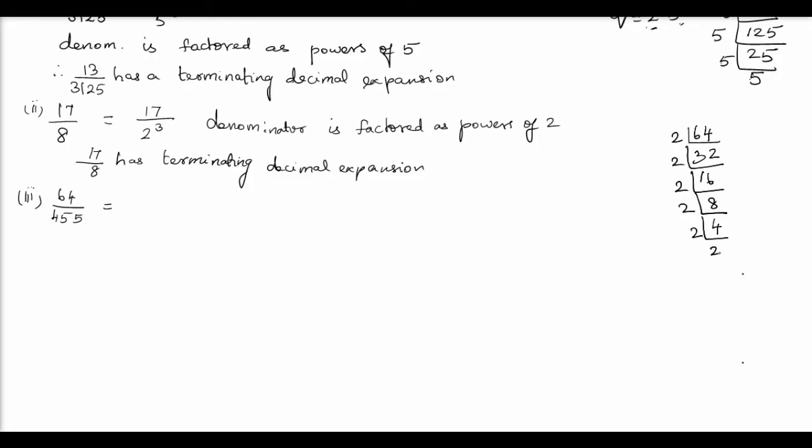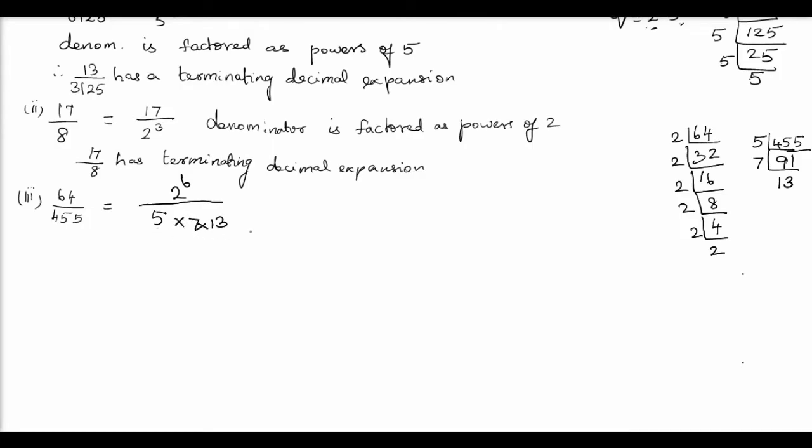Factorize it 2. So I have got 2 power 6 divided by 455. Let me factorize 455. So that I get 5. When you divide by 5, it is 91. And this is divisible by 7. So 13. 13 is a prime number. So let me stop here. So that I get 5 into 7 into 13.